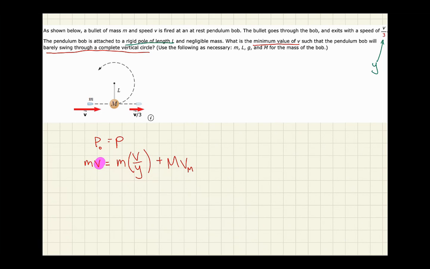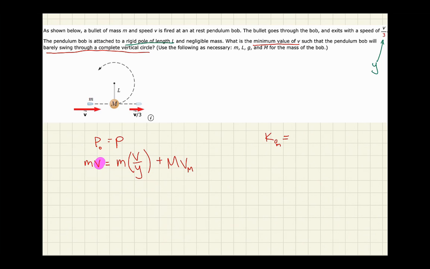For energy, the energy before the collision is going to be equal to the energy after the collision. Before the collision, you have kinetic energy of the bullet, little m.